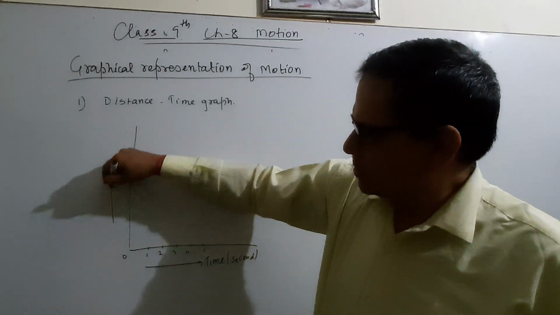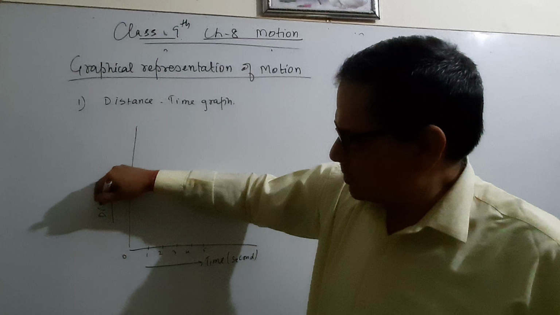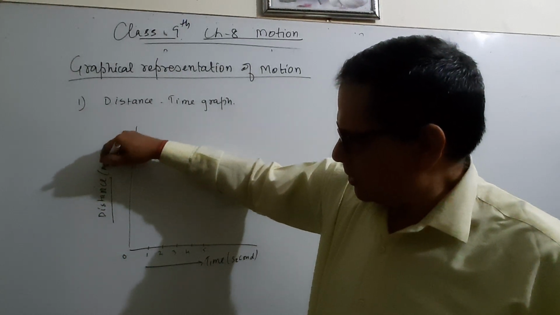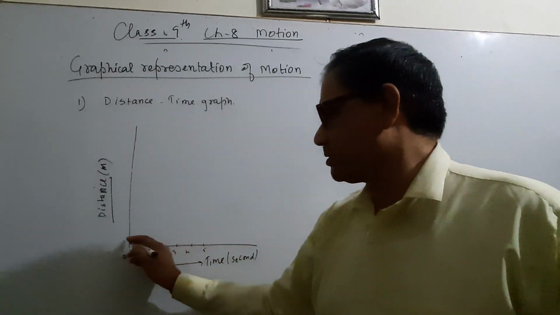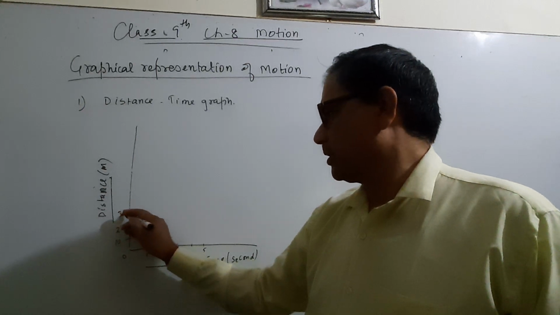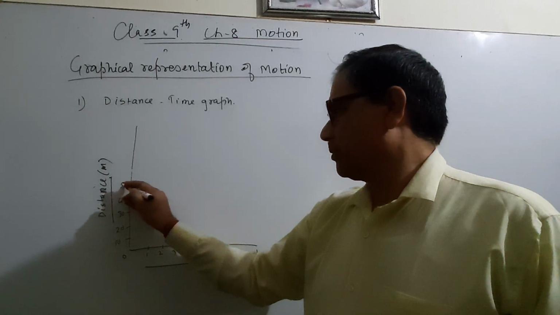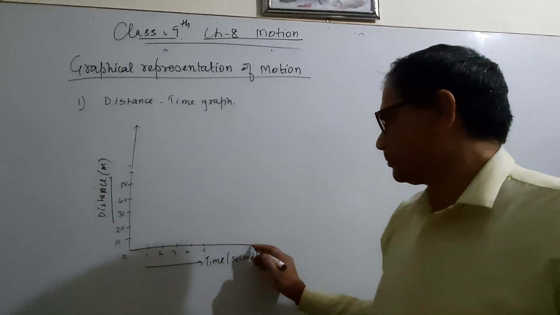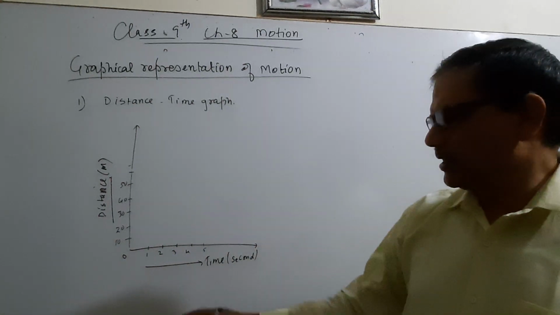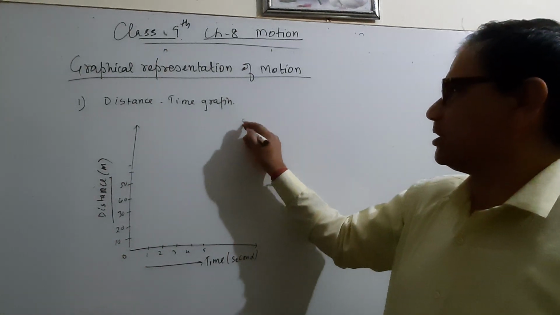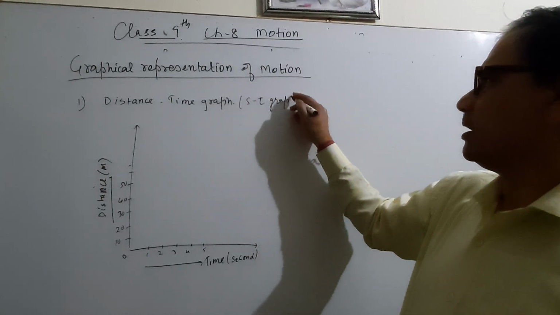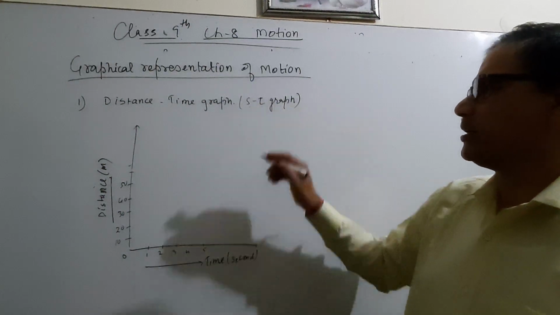And here is the distance in meters: 10 meter, 20 meter, 30 meter, 40 meter, 50 meter. In the ST graph, S represents distance and T represents time.